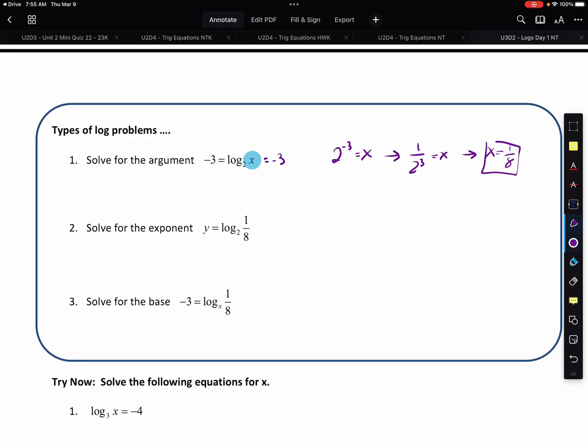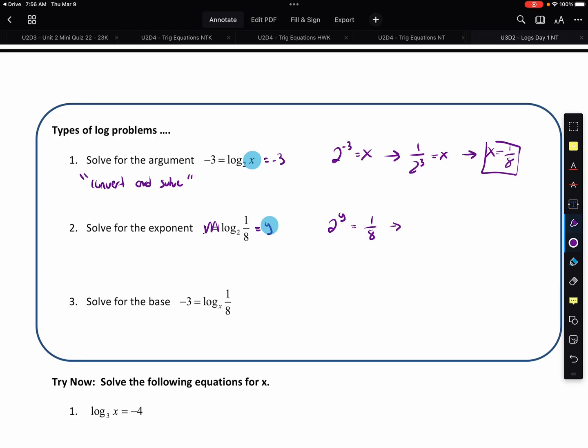So this is true every single time. If you're solving for the argument, all we do here is convert and solve. That's going to be consistent every single time. So if we make this equals y, not have that back there, right? If we're solving for that answer, that exponent, if I convert, 2 to the y equals 1 over 8.